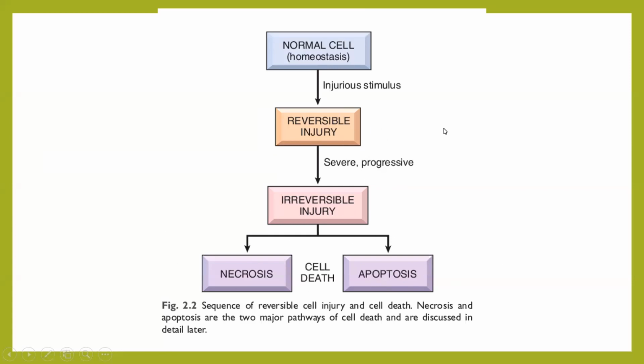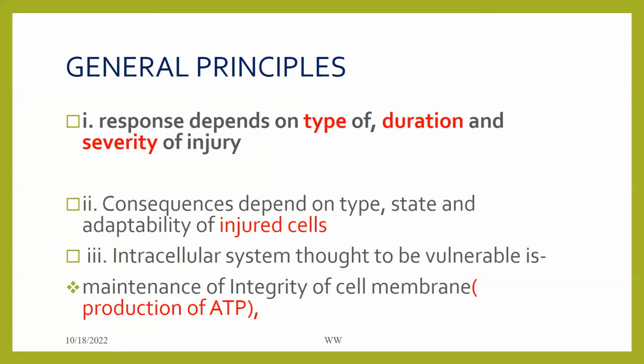But at this stage, we can go adaptive change or resolution, which is the desired effect. As doctors, we desire that it's reversible. We reverse whatever is disturbing the homeostasis so that the person can go on with their life.